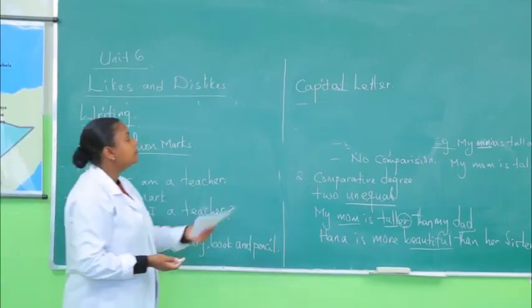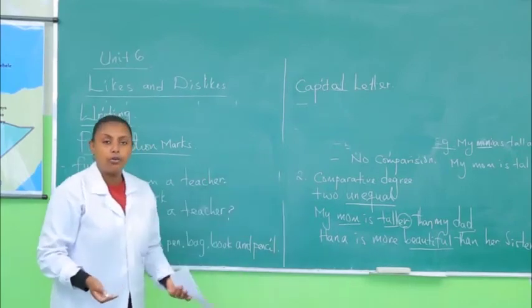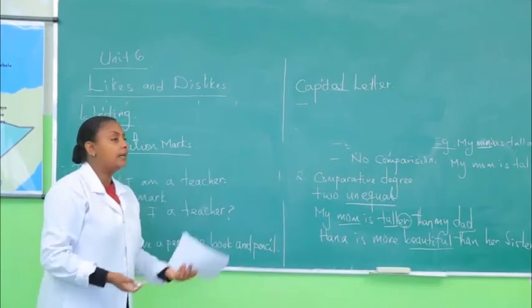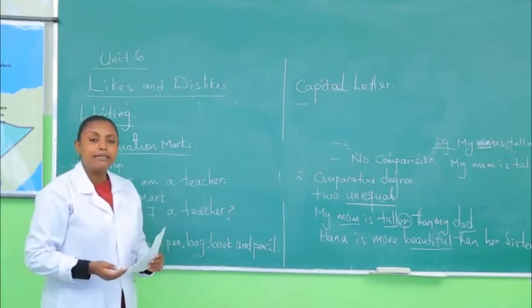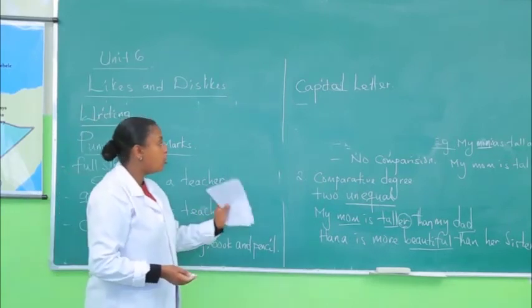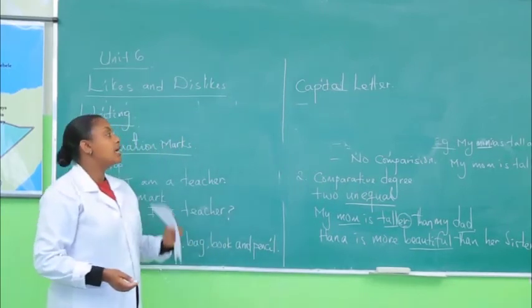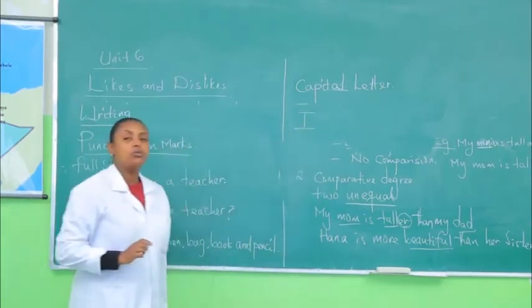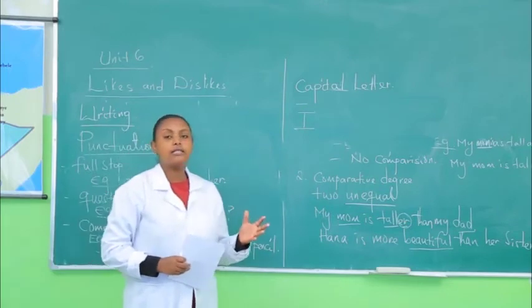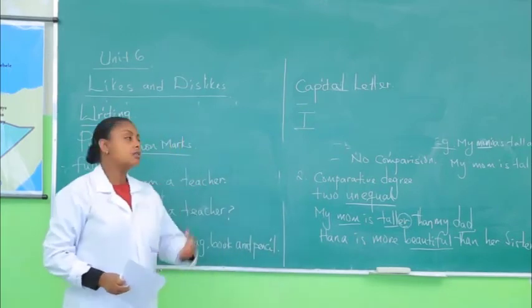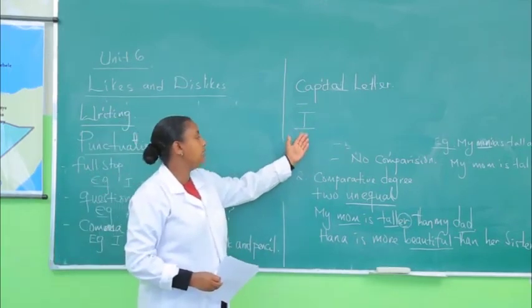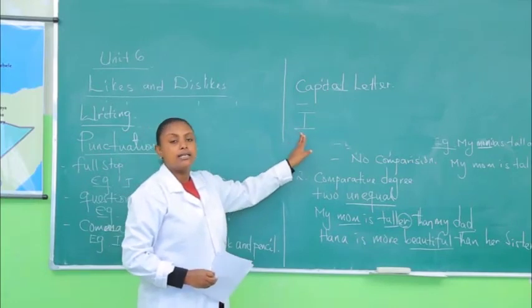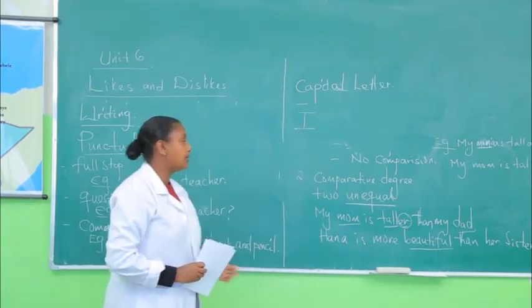Like, for example, Ethiopia, Addis Ababa, Hannah. These names should be written with capital letters, always. And also, the pronoun I, always, whether you find it at the beginning of a sentence, in the middle of a sentence, or at the end, always write this pronoun I with a capital letter.